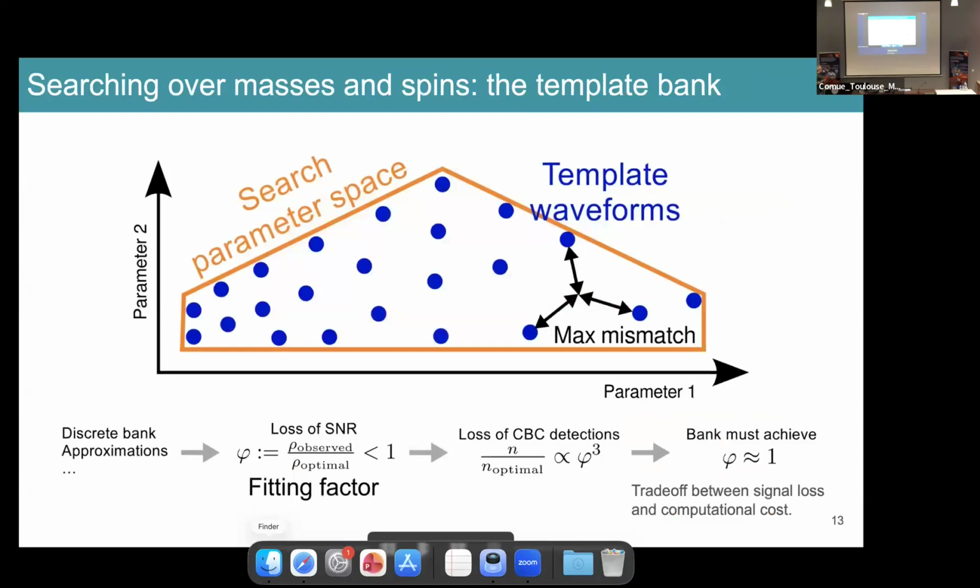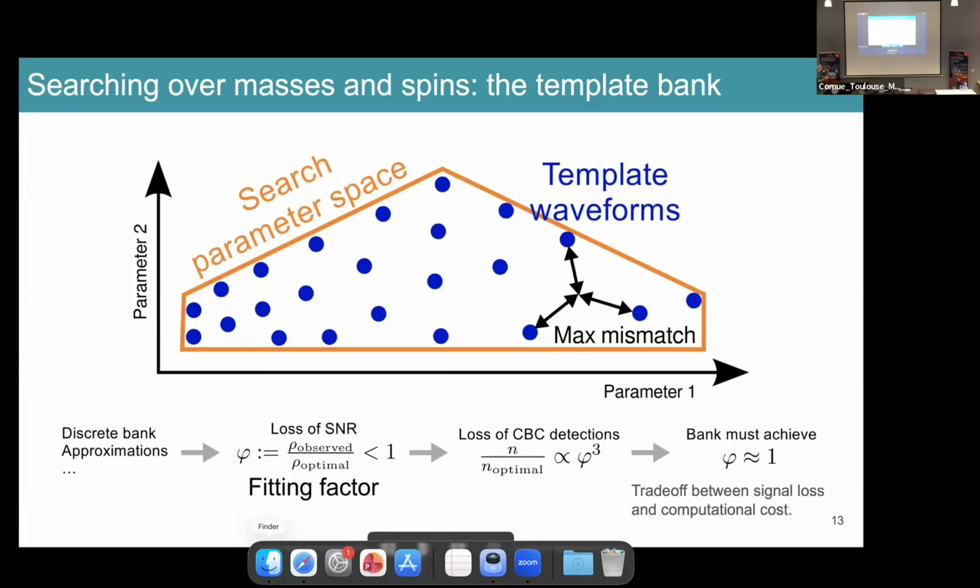So how do we do this in practice? We set up what we call a bank of templates. So these are two of the parameters of our search space. For example, mass 1 and mass 2, or time and total mass. We put points in this space according to some criterion, and for each one we have to calculate the SNR.